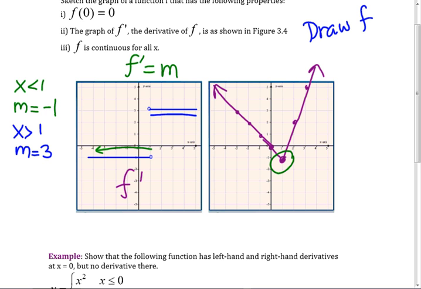No. It's not differentiable. That's the word. We have to know that word. Because it said it was continuous, so I have to close it. But can I find the derivative here at 1? No.